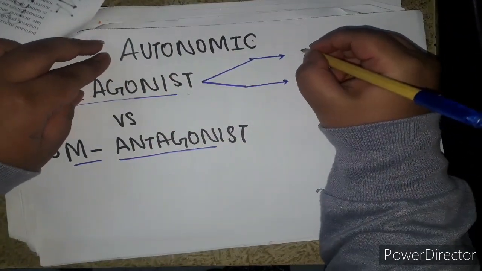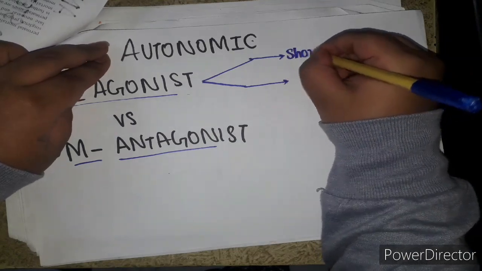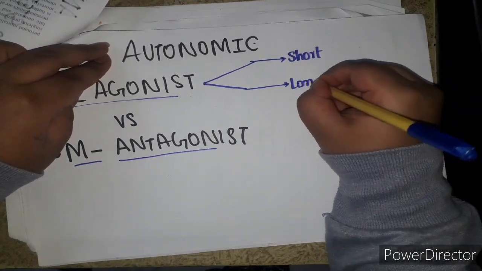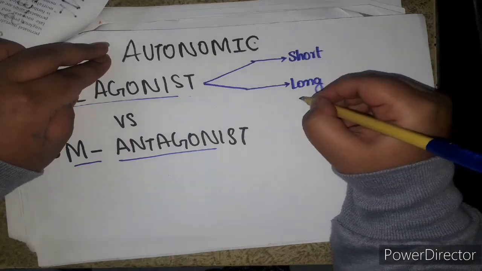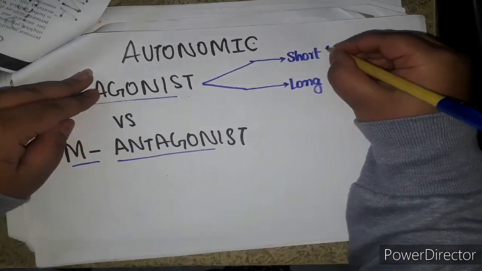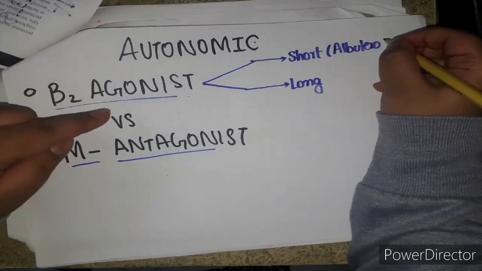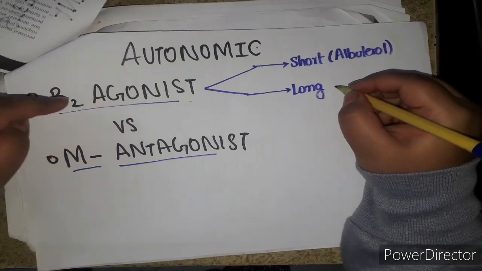So we have short acting ones and long acting ones. Short acting ones are given in acute bouts of asthma, but long acting ones are given for long term therapy. Short acting ones include albuterol, and these beta agonists are in the first line therapy of asthma as well.